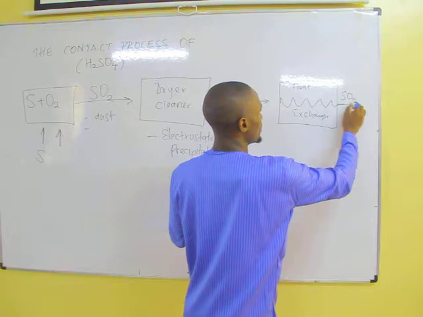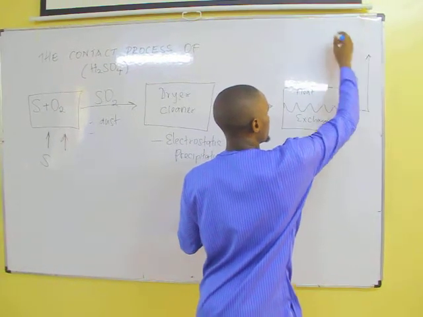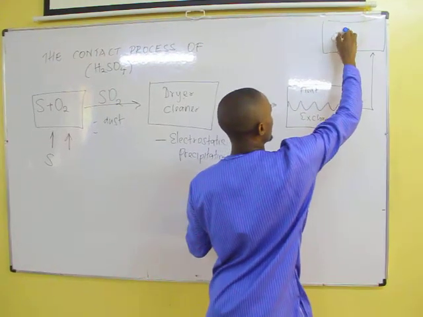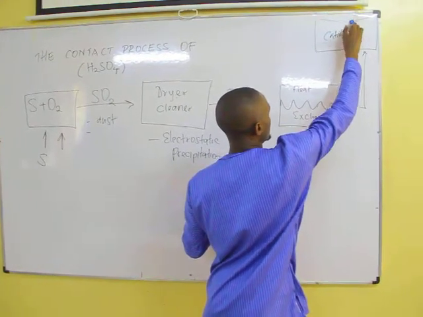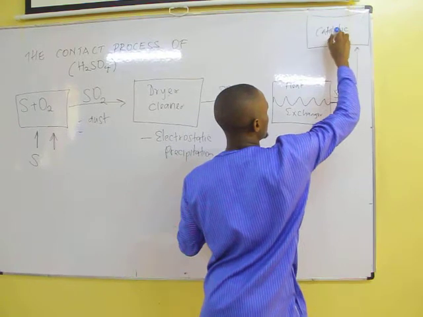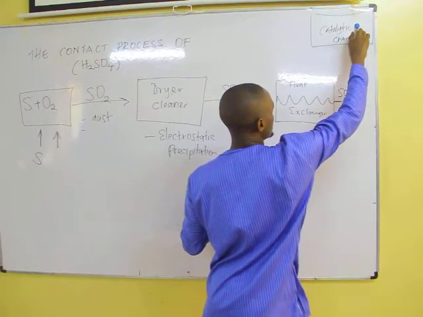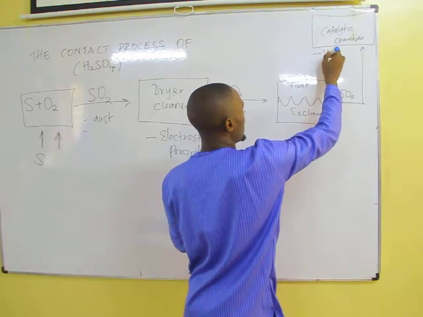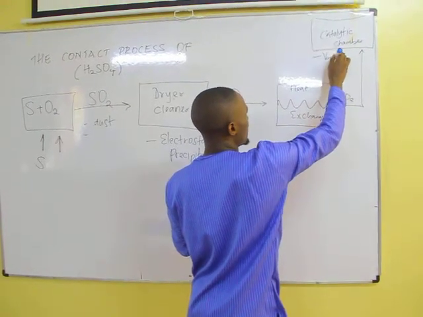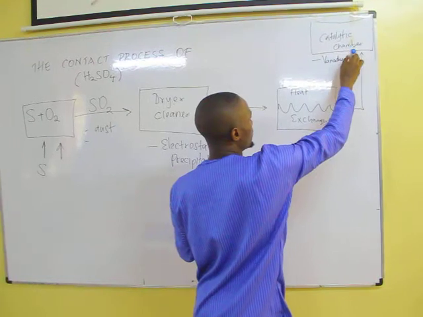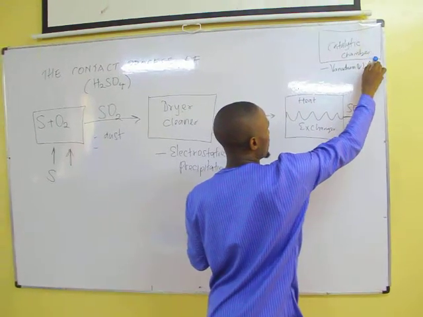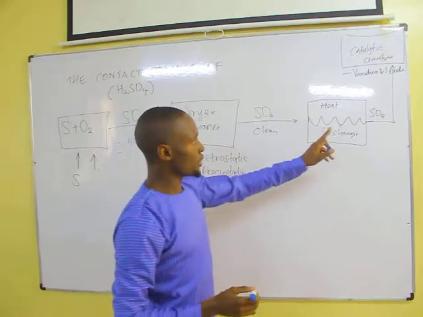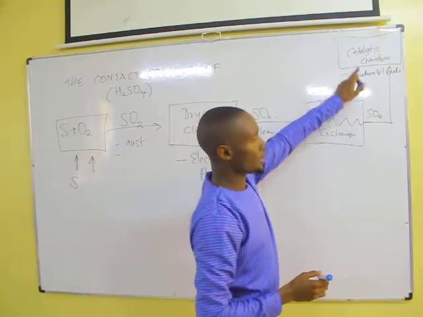So I will do like this. I have another chamber here, and I will call this chamber the catalytic chamber. Here, a catalyst, vanadium 5 oxide, is used to speed up the reaction between sulfur 4 oxide and oxygen.